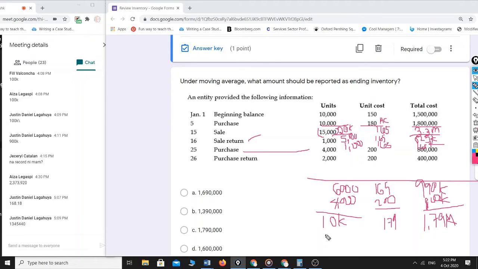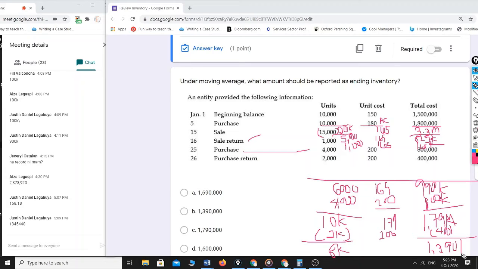Okay, next. Some were returned. The company has a purchase return of 2,000. So our updated number of units for the inventory is now 8,000. At 200 each, less the cost of these 2,000, 400,000. So our updated total cost is only 1,390,000.